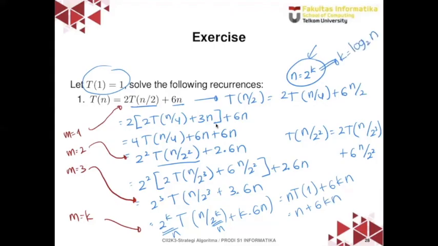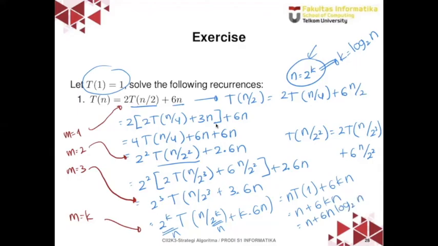Okay, so here we can say that it is equal to this, right?